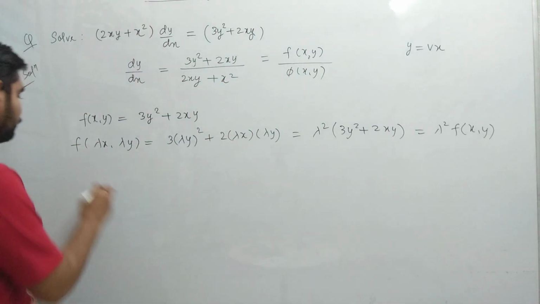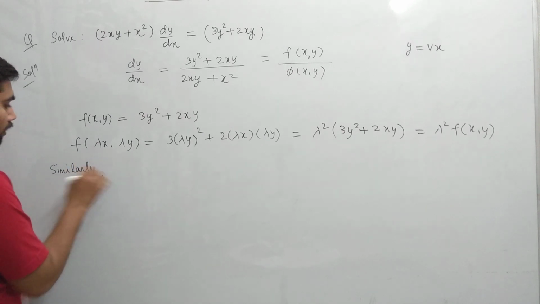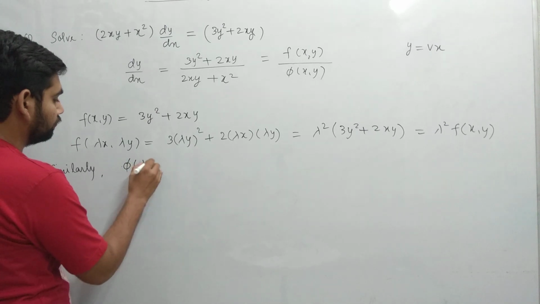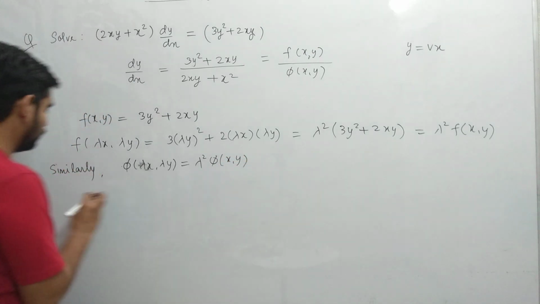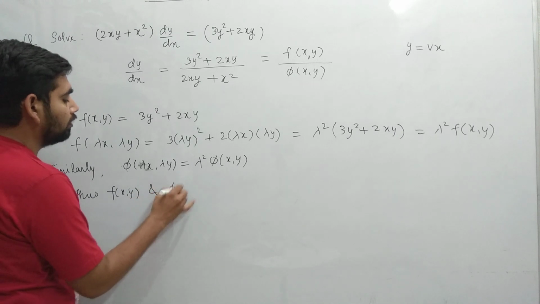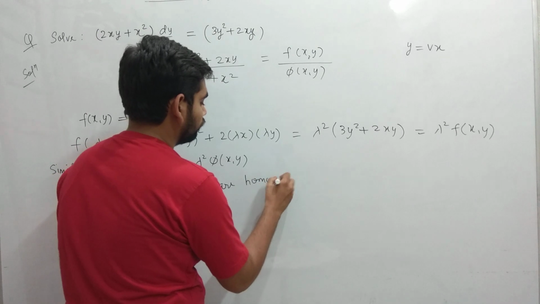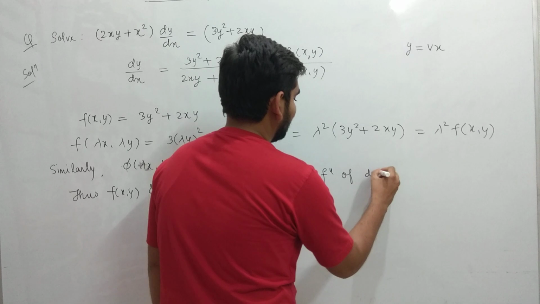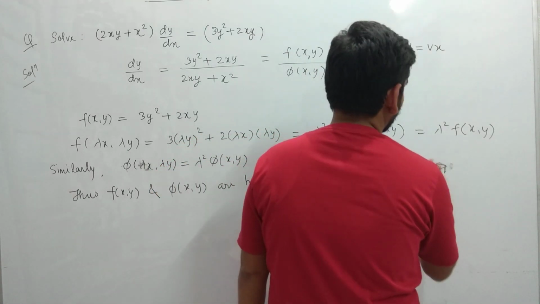Similarly, we can write φ(λx, λy) = λ² φ(x,y). Thus f(x,y) and φ(x,y) are homogeneous functions of degree 2.